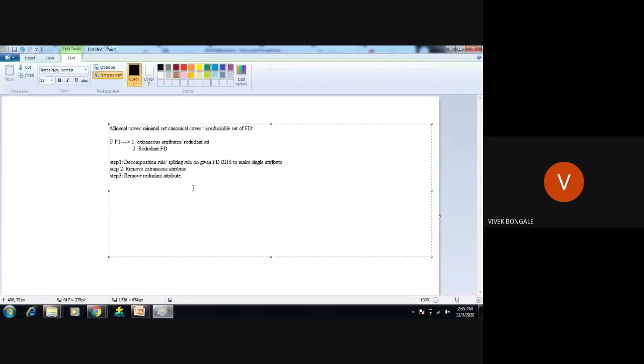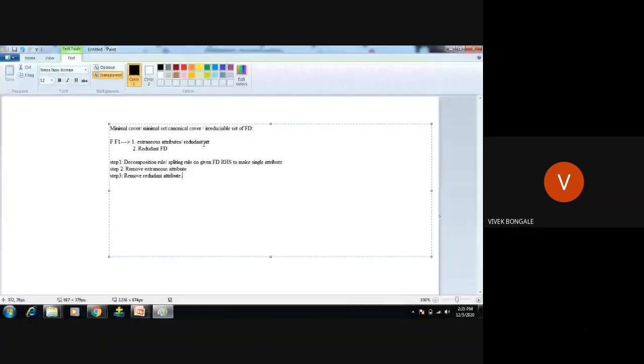Okay, I just explained with an example. So what is a minimal cover or a minimal set? This is given in the algorithm, but instead of explaining the algorithm, I'm taking an example. Say you are taking a functional dependency set F and want to make it a minimal cover.